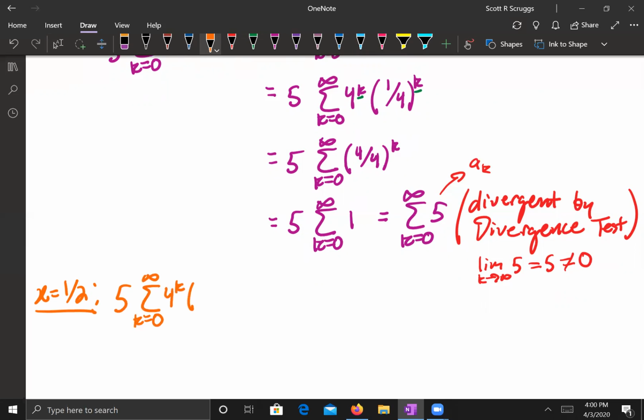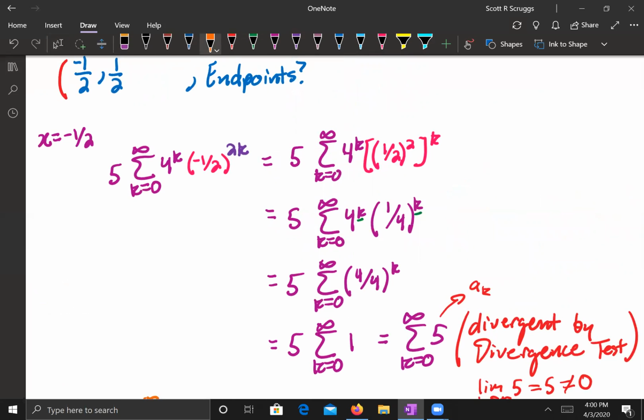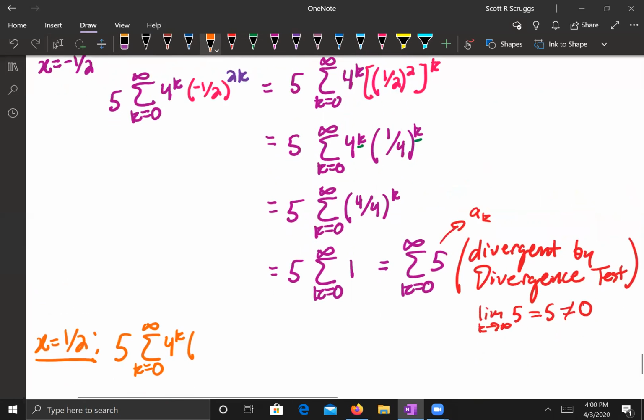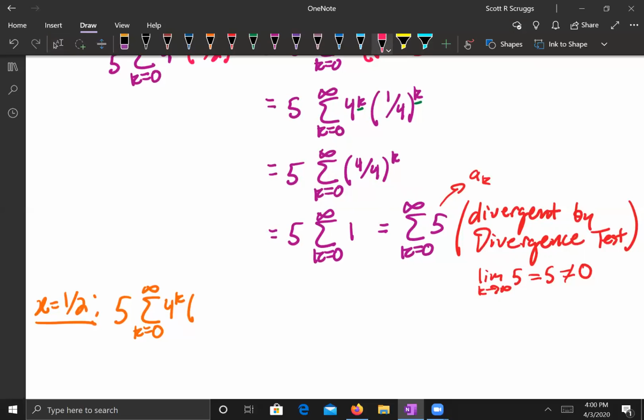Well, I say we're going to get the same thing, and I agree with you, Anthony, because of that square, just because I plug in 1/2 or plug in -1/2, it's not going to change my work from before. So if I did all the work that I did above in purple, I'll get back the sum of 5, which we know is divergent.